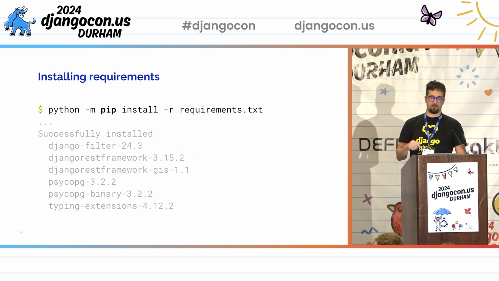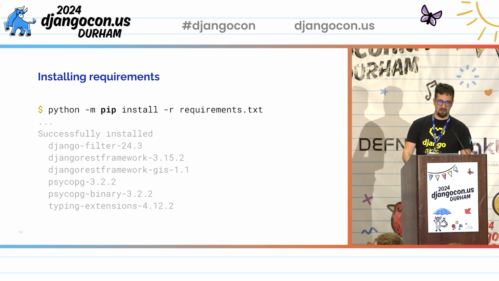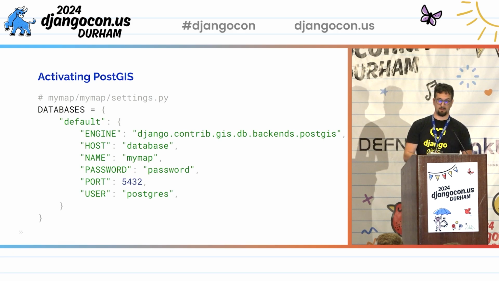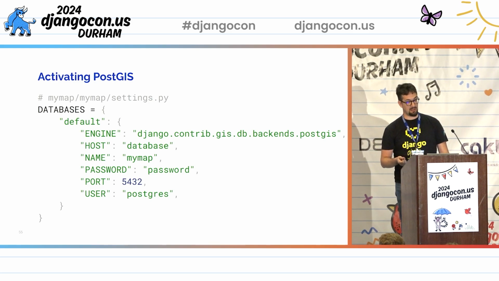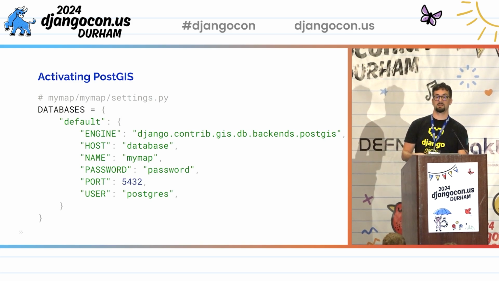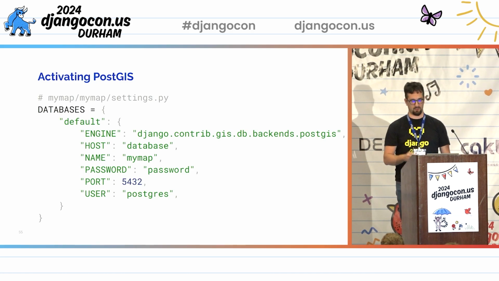We install all the requirements from the file using the Python package installer module. And after that, we can modify the project database settings, adding PostGIS in the engine and all the connection parameters for our Postgres database, which you can have locally in Docker or remotely.